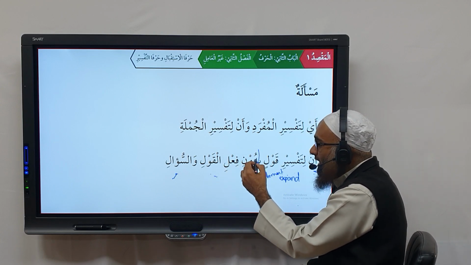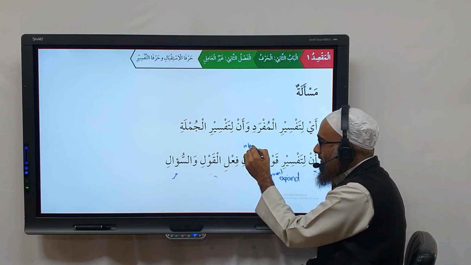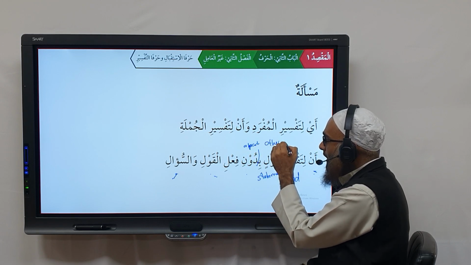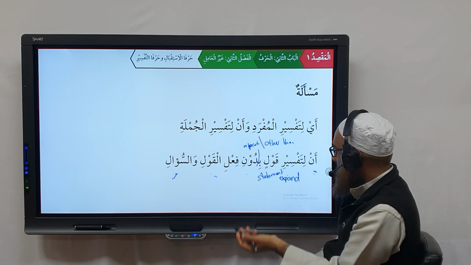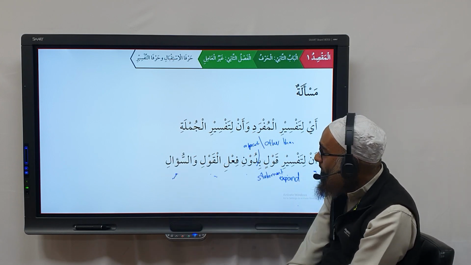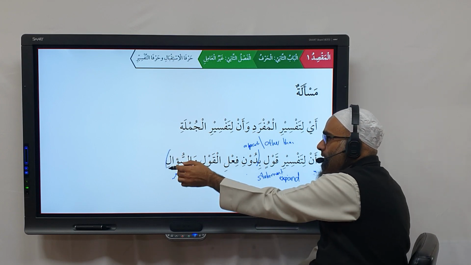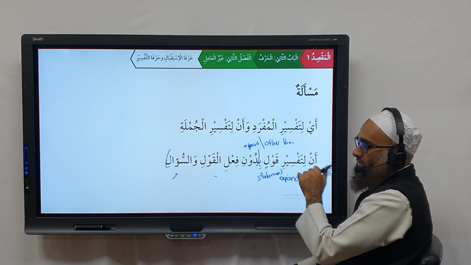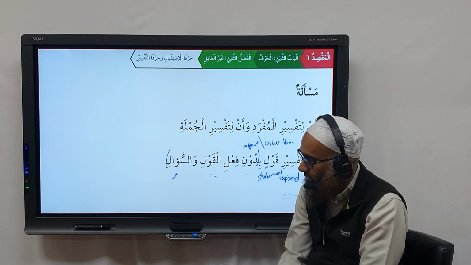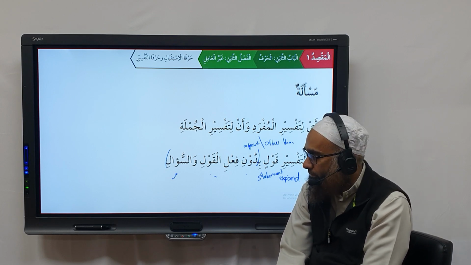So anything other than qala yaqulu qawlan and sa'ala yas'alu su'al, apart from those two, the particle an is used as a tafsir, as an explanation. Does that make sense? Is that clear to everybody?